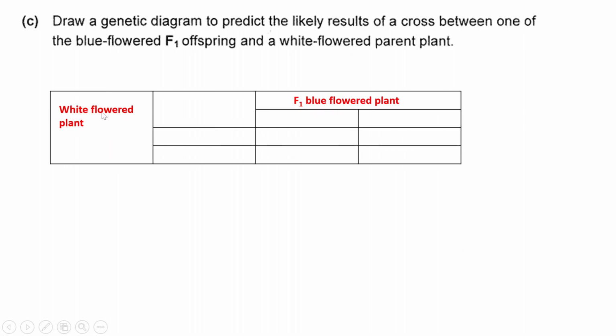Now we know that this white flowered plant has these alleles here, small letter b, two of them. And then we know that the first generation blue flowered plant has this allele B and this allele here.